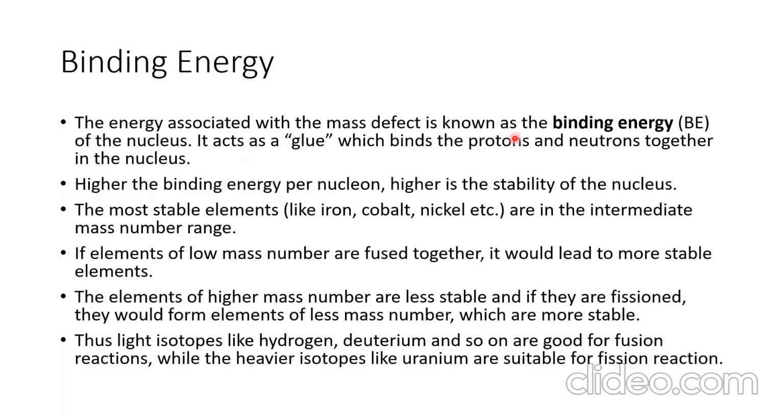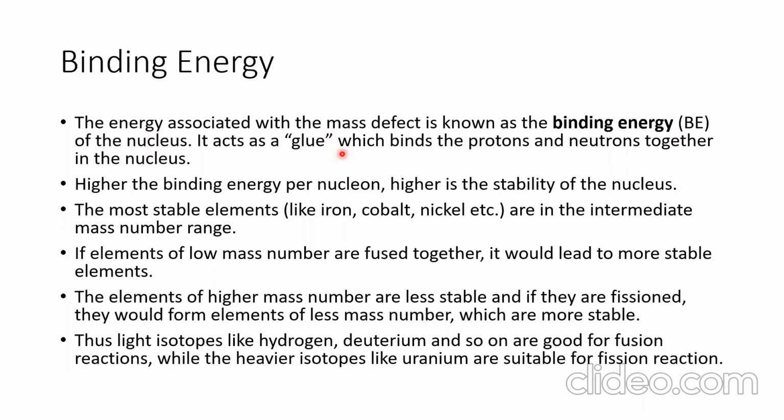Next is the binding energy. The elementary particles present in the nucleus, that is protons and neutrons, are stuck together by an energy called binding energy. The energy associated with the mass defect is known as the binding energy of the nucleus.